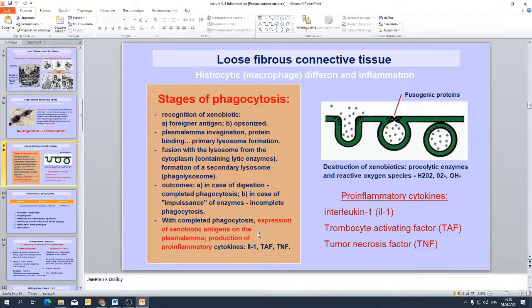These cytokines go to different places, for example bone marrow, then vessels, and tissue, connective tissue.